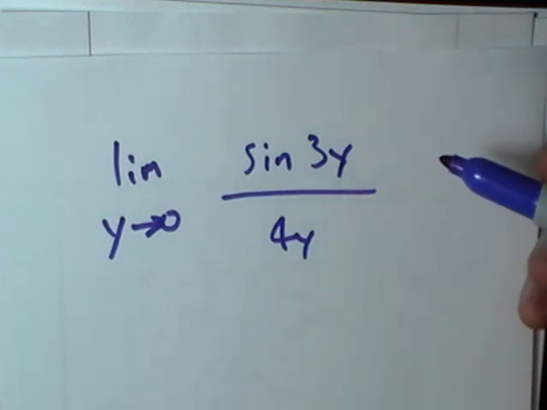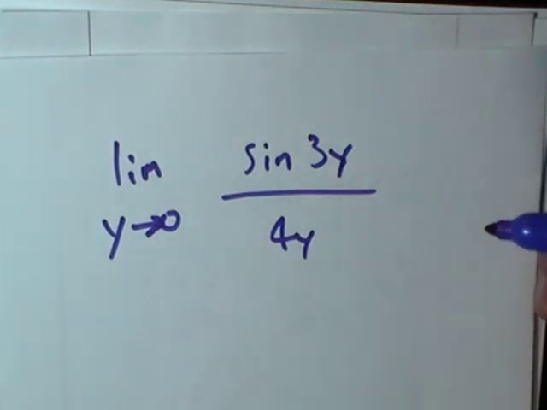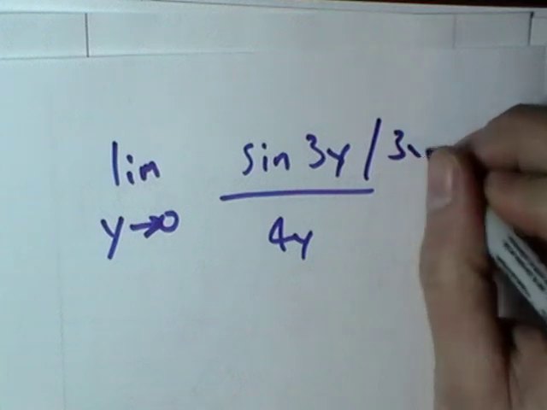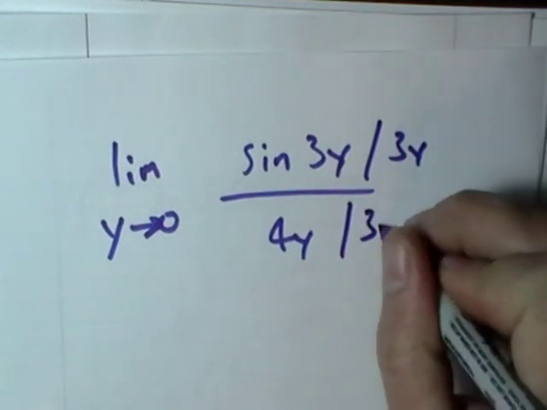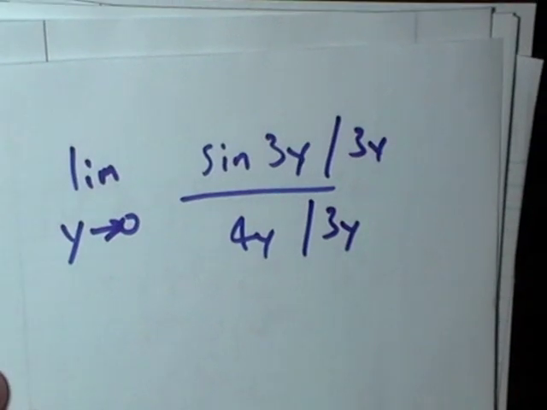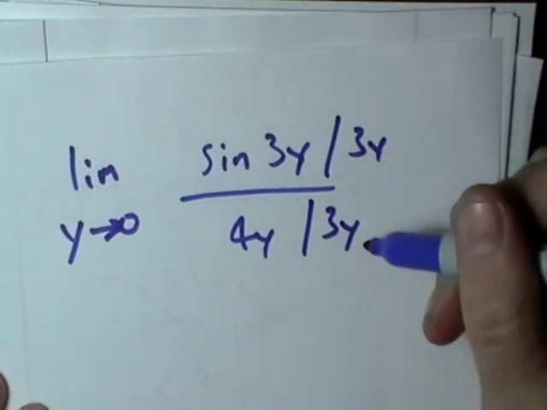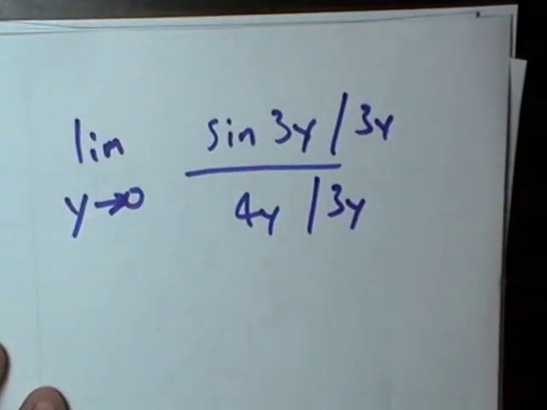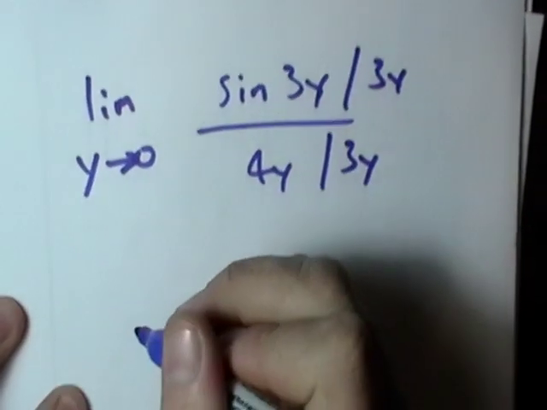And actually I'm going to do that by dividing. I'm going to divide this by 3y, and I'm going to divide this by 3y. You can do that. It's a fraction. Whatever I do to the top, as long as I do it to the bottom, it's still proportional to the original deal. So let me go ahead and rewrite this.